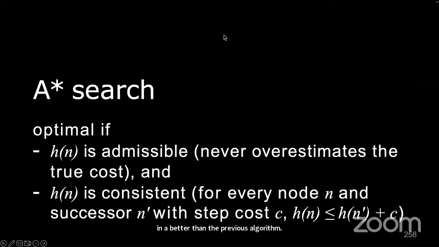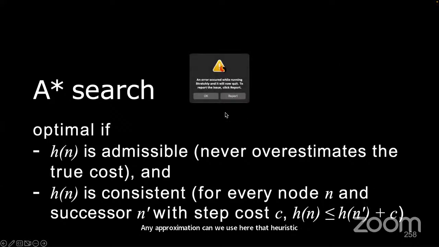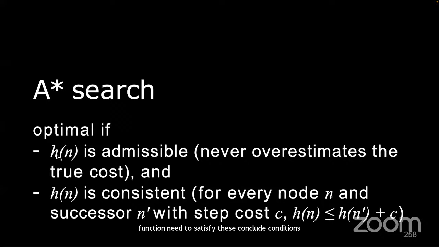but to get the optimal solution, we need to make sure that our heuristic function, which is Manhattan distance in our example, any approximation can be used here. The heuristic function needs to satisfy these two conditions. One of them is that the heuristic function needs to be admissible, which means it can never overestimate the true cost.